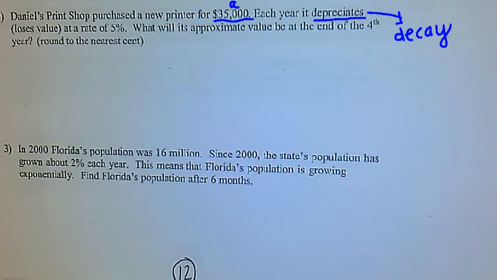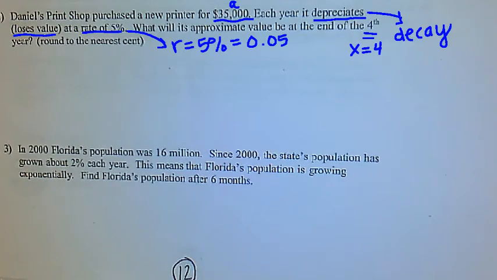I did write that down. At a rate of 5%. So r equals 5%, which equals 0.05. What will be its approximate value by the end of the 4th year? So x equals 4. And of course, round to the nearest cent.